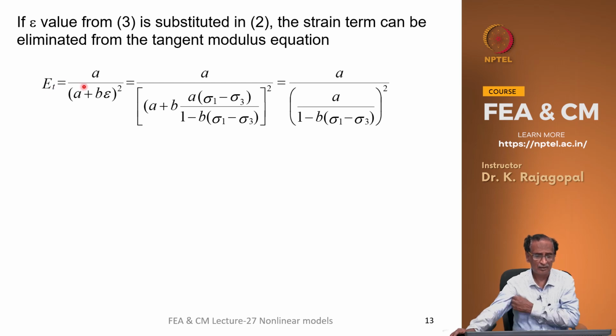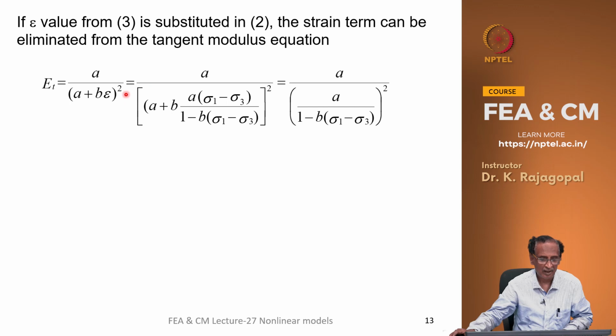The tangent Young's modulus is A by (A plus B epsilon) whole square, and epsilon is this from our fundamental equation, so the denominator becomes A times (1 minus B sigma 1 minus sigma 3) plus AB times sigma 1 minus sigma 3.